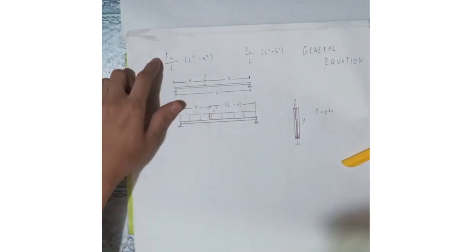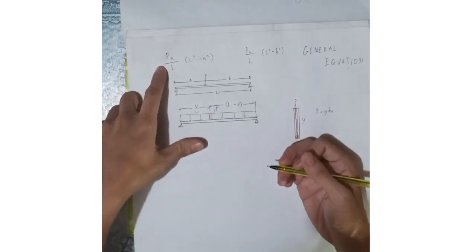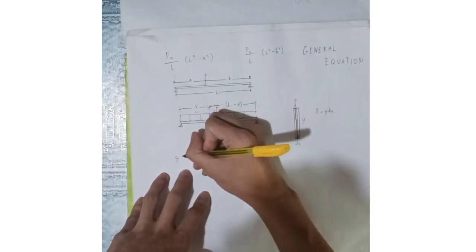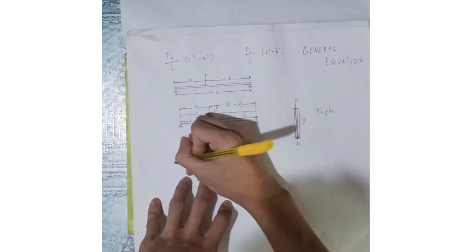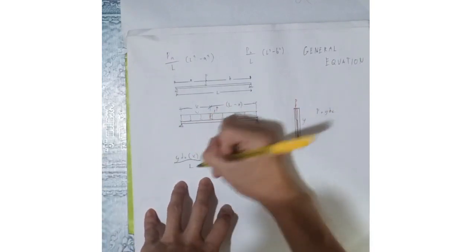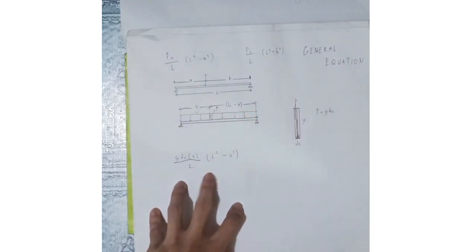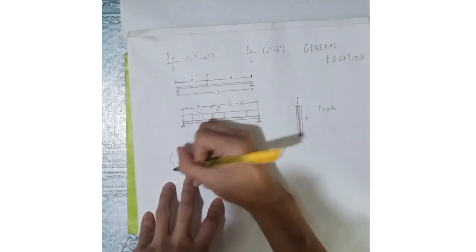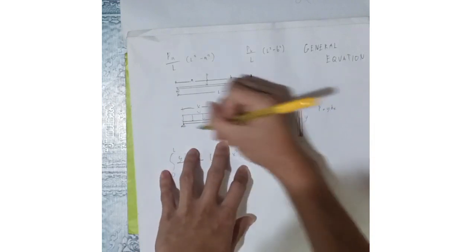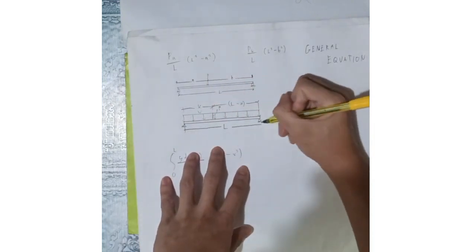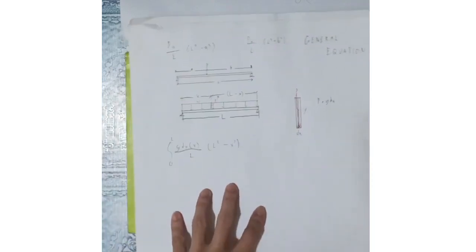So we copy it directly based on the formula. For P, y dx should be times A, which is x over L times L squared minus x squared. We integrate from 0 to L. Then it is similar for B.